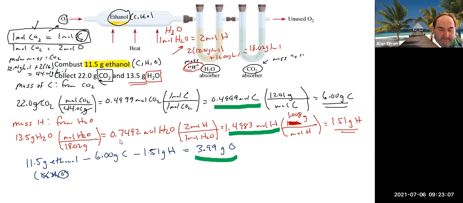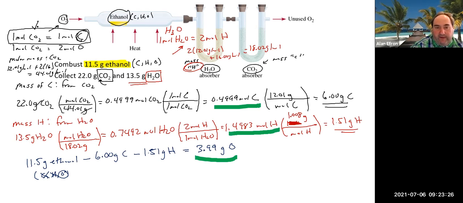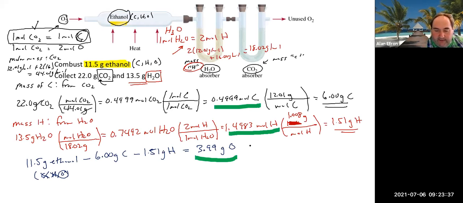I had 0.4999 moles of carbon from the other slide. I also had 1.4983 moles of hydrogen. Now I'm going to convert the oxygen into moles on this page.